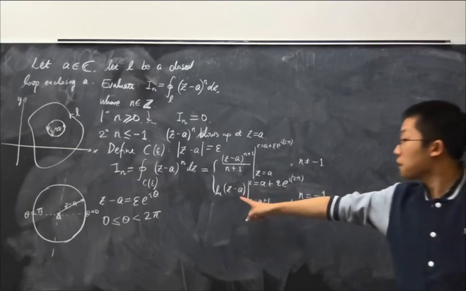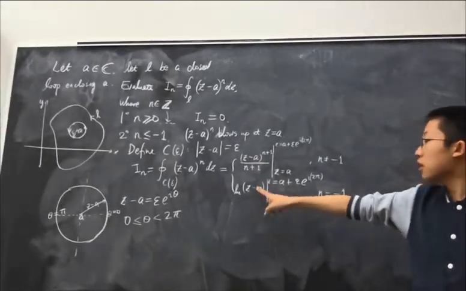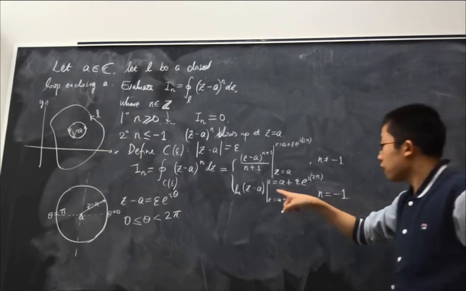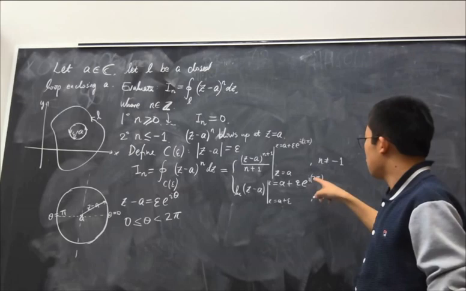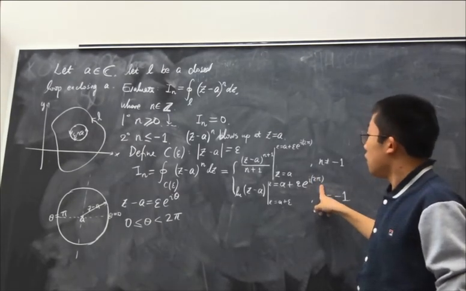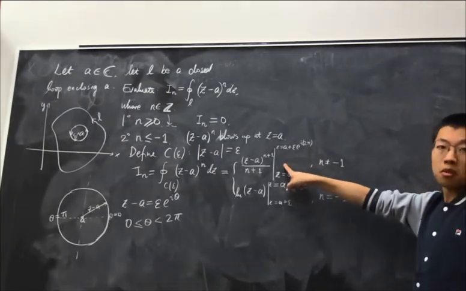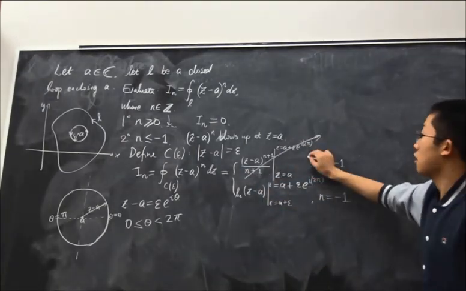But let's look at this one. z minus a literally goes from epsilon to epsilon times e to the i 2 pi, right? So for this function, it's not a multivalued function. These two are the same thing. So basically, this cancels. This will give you 0.